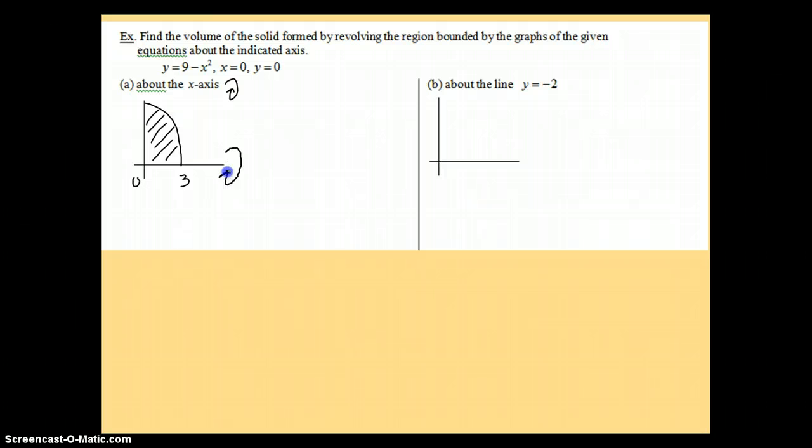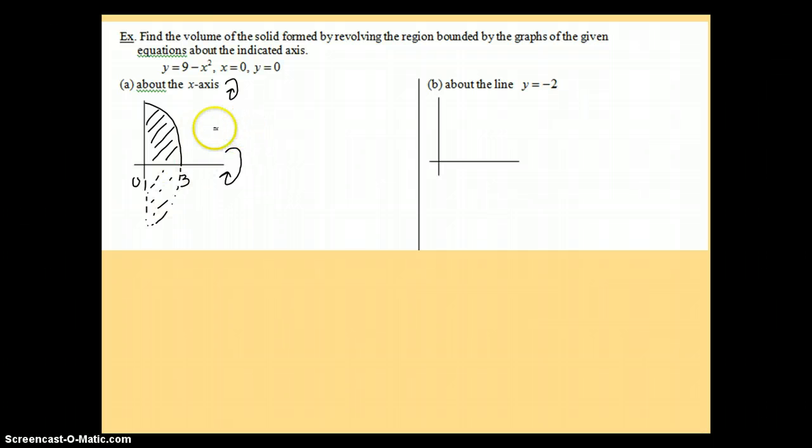We are going to revolve this region around that x-axis. If we're trying to visualize what was going on here, it would kind of look like a dome. As you think about rotating this around, that solid figure would be formed.